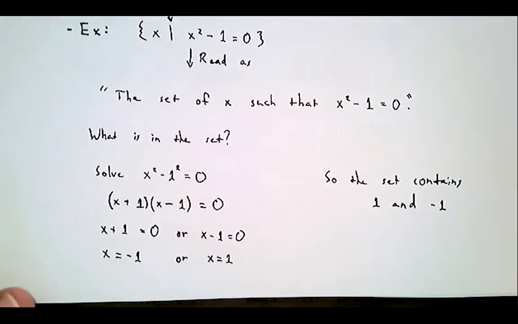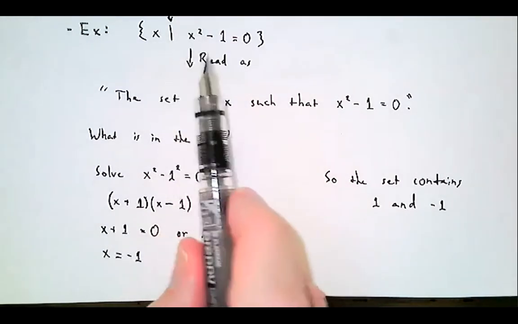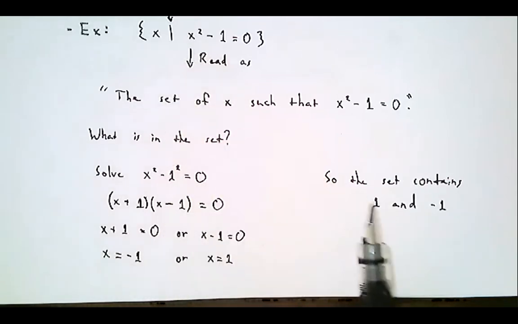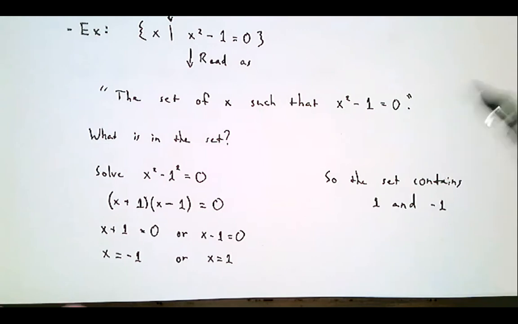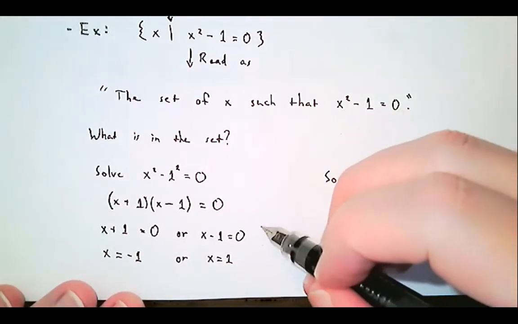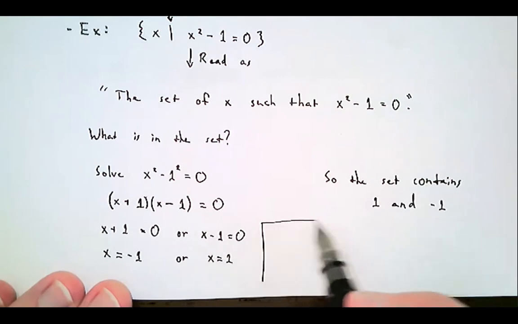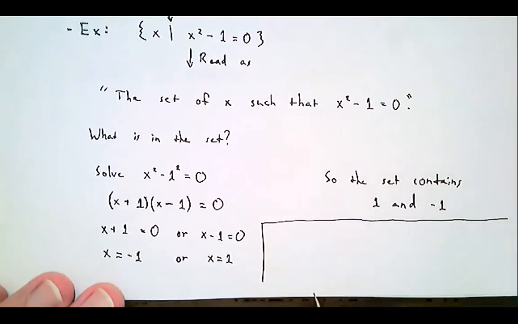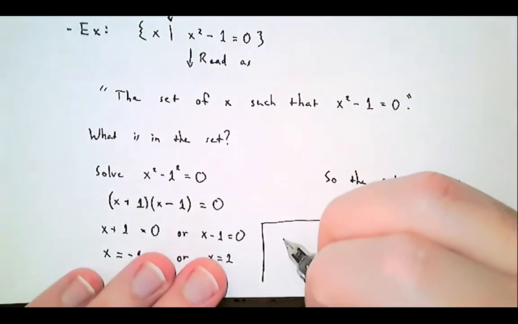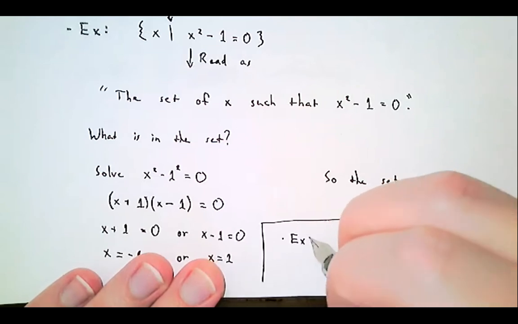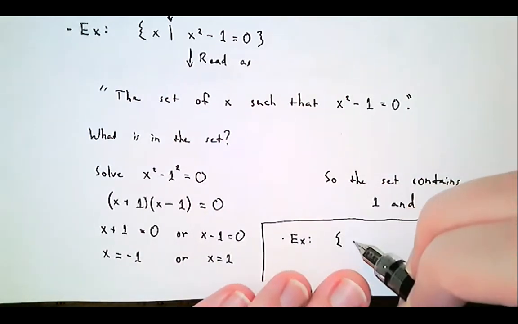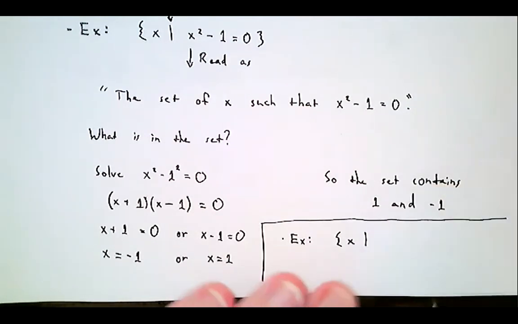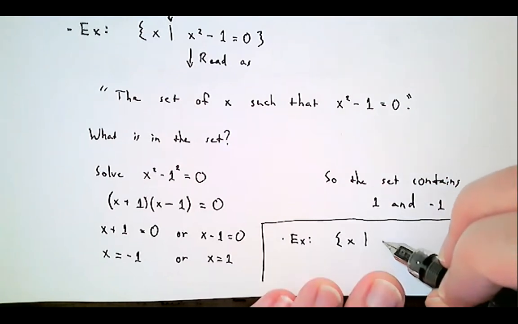Okay, so I told you a second ago that the set builder notation is a good way to write large sets. And this set that we worked through only had 2 elements. So before we move on, let me add another example here at the end of how you can use it to define maybe an infinite set, a set with an infinite number of things. Okay, so we'll start the same way, the set of x such that, and now I'm going to write a little statement.